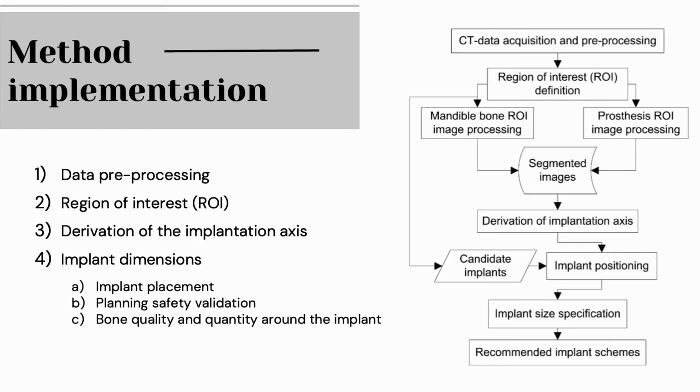The method implementation steps will be data pre-processing, region of interest and derivation of the implantation axis, and next, implantation dimensions. There will be implant placement, planning safety validation, and bone quality and quantity around the implant.